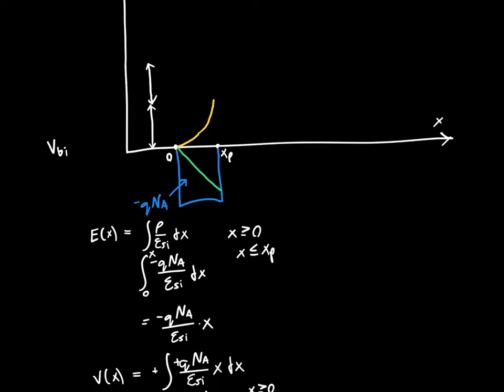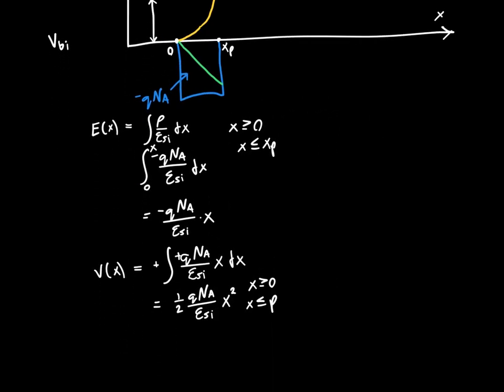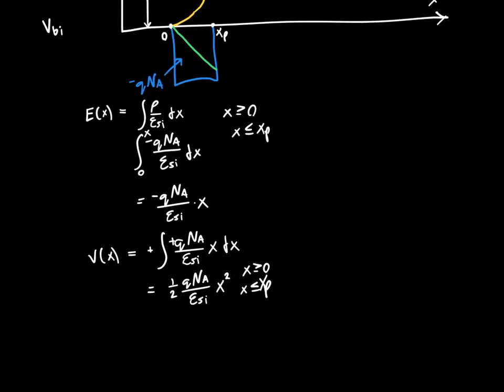So if I evaluate this expression, the total voltage contributed is just the voltage evaluated at x equals xp, right? Because that's the maximum value of voltage that we get for this equation. So the V, let's call this VP, is just 1/2 Qna over epsilon silicon times xp squared.